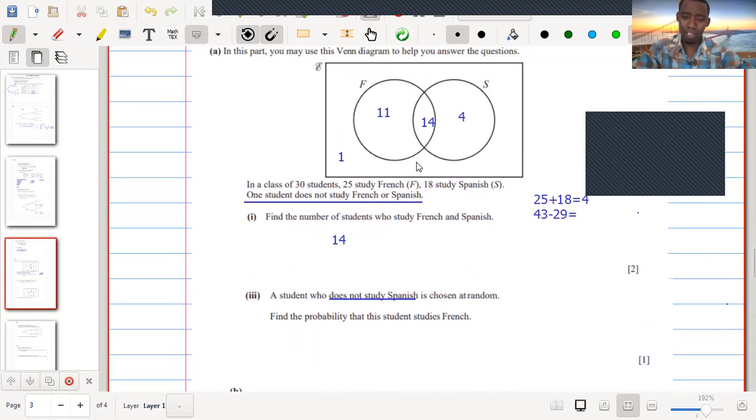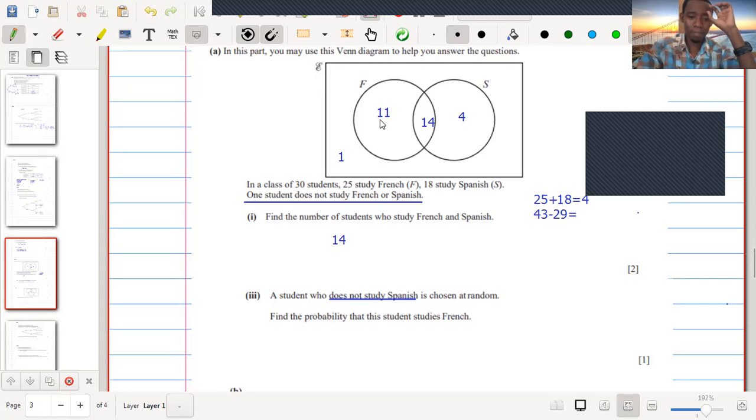Who does not study Spanish is where? So it's here. See this part. This part here to be 11 and 1.